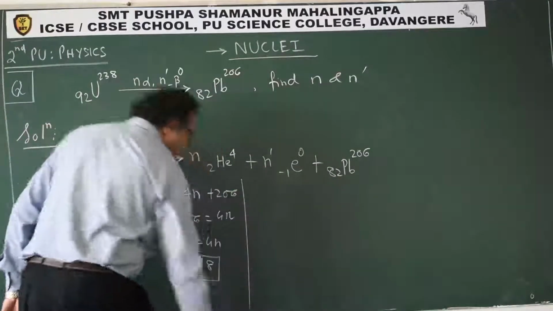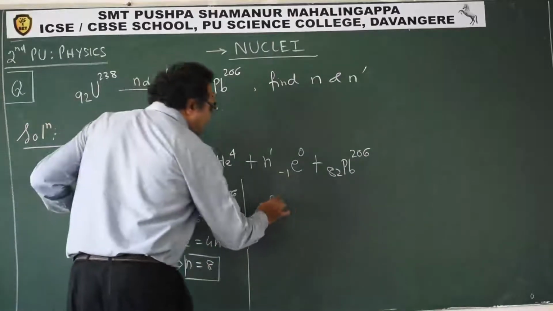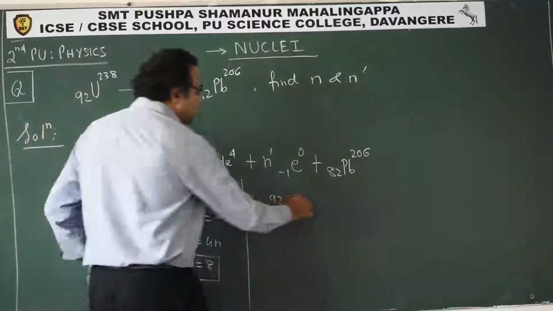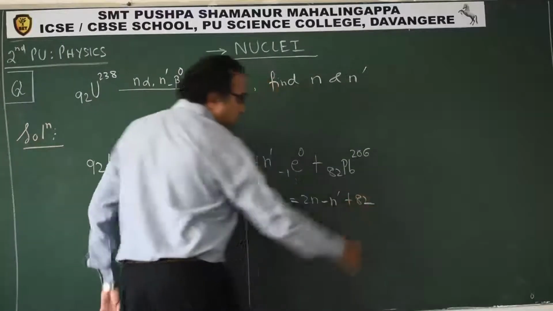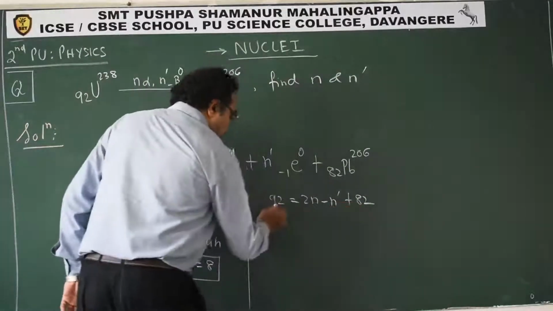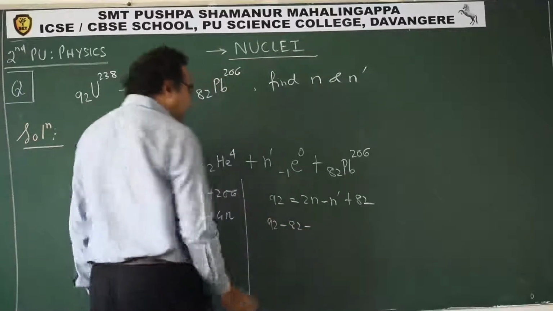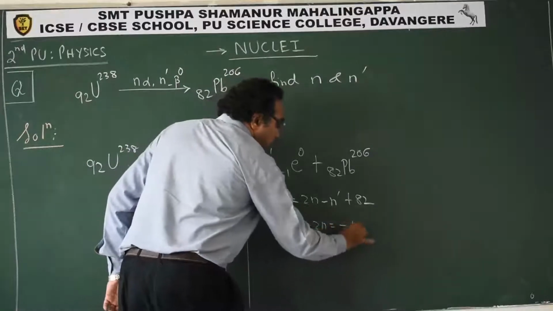Now next, let us take the subscripts. Subscripts say 92 is equal to 2n minus n dash plus 82. This is what we have. So 92 minus 82 is 10, that is 2n minus n dash.